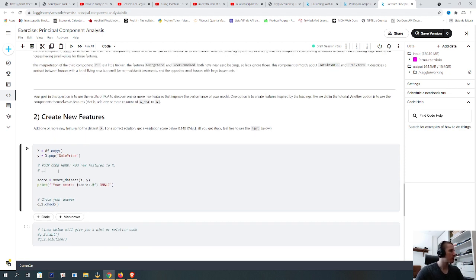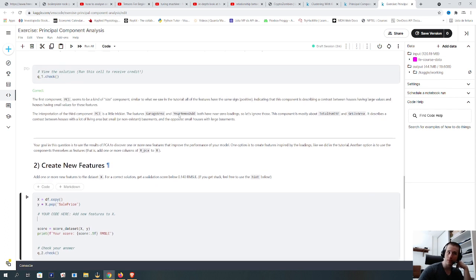Yeah, so I have no idea. It describes a contrast between houses with a lot of living area but small or no existing basement, and the opposite, small houses with large basements.